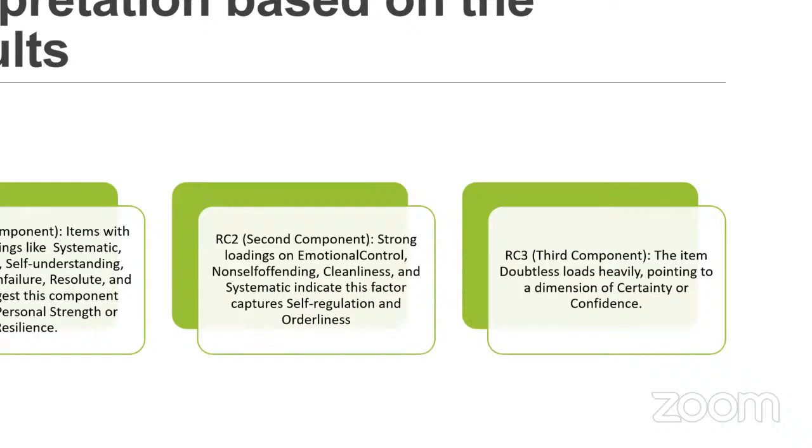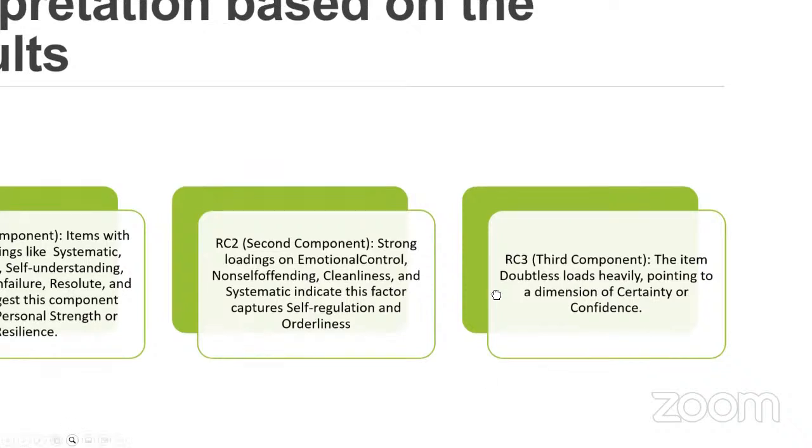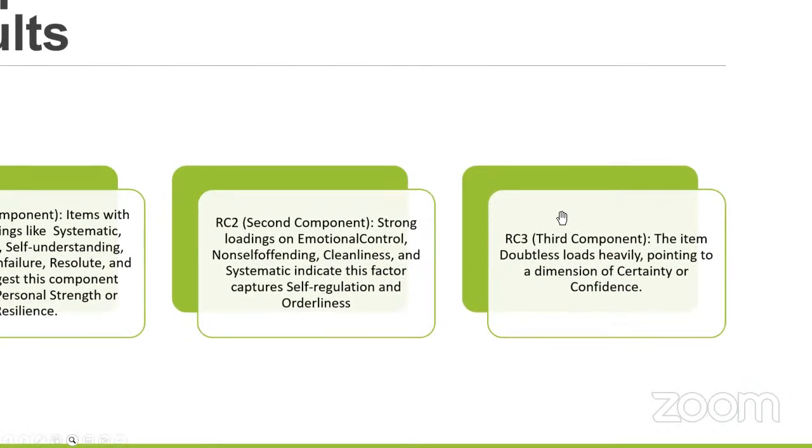Orderliness, why? Because cleanliness and systematic are there. Therefore, we are writing orderliness. The last component, the third component, the term is doubtless. Doubtless means you are very much certain that this will happen.